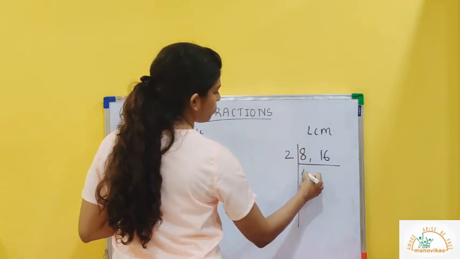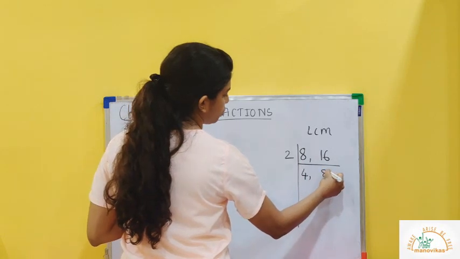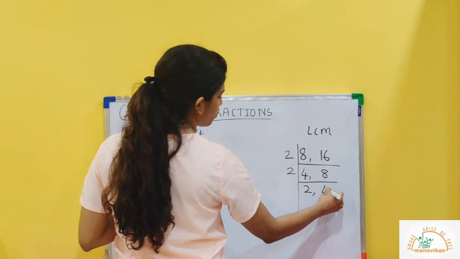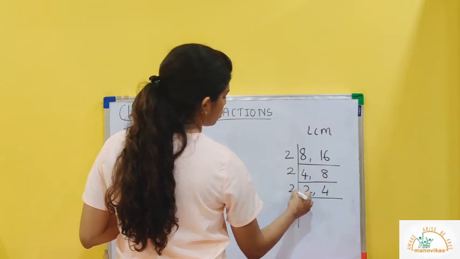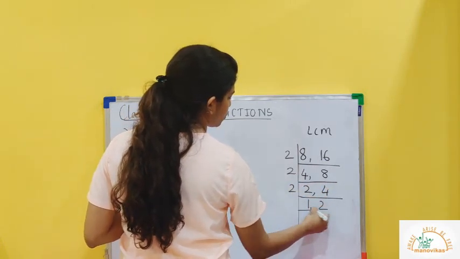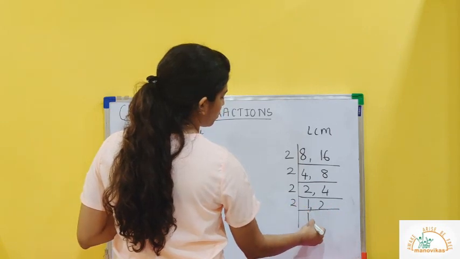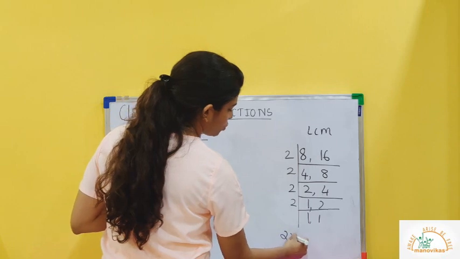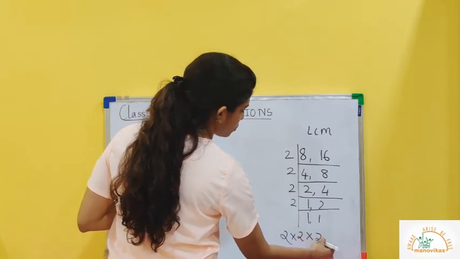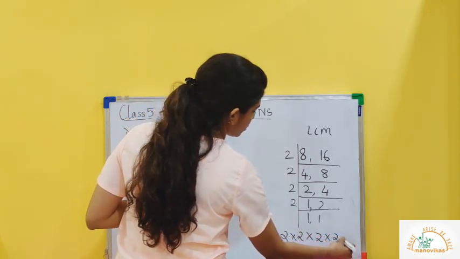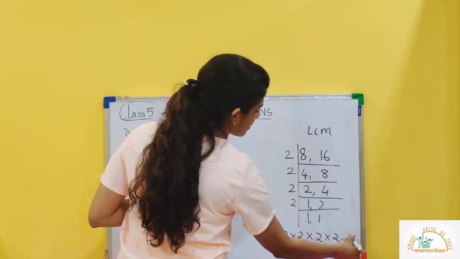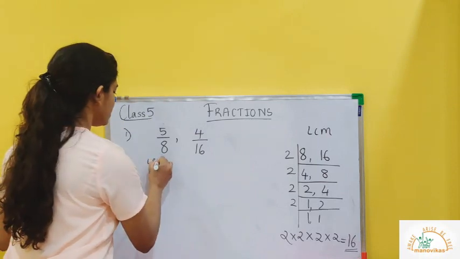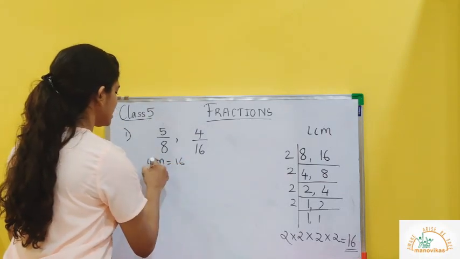So 2 4s are 8, 2 8s are 16, 2 2s are 4, 2 4s are 8, 2 2s are 4, 2 1s are 2. Then you have to multiply all these numbers: 2 into 2 into 2. So what do you get? 16 as the LCM. So the LCM here is equal to 16.